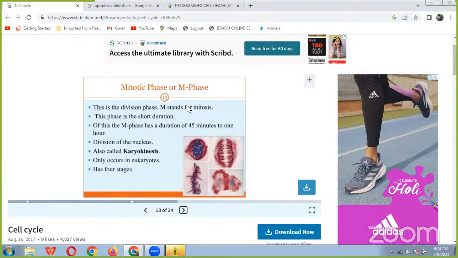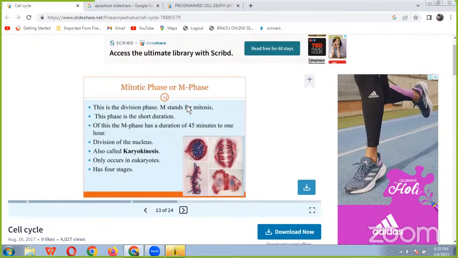Finally, the chromosome separation is complete. Chromosome decondensation occurs during telophase. Condensation is seen in prophase, and decondensation in telophase.